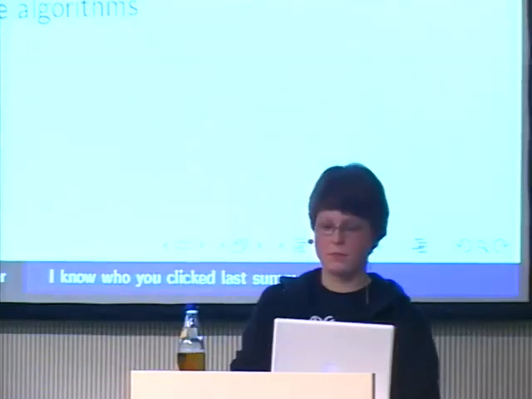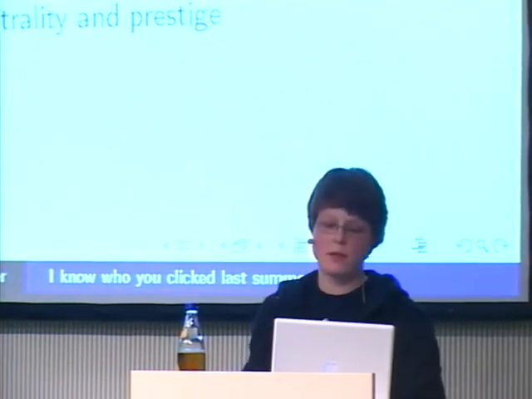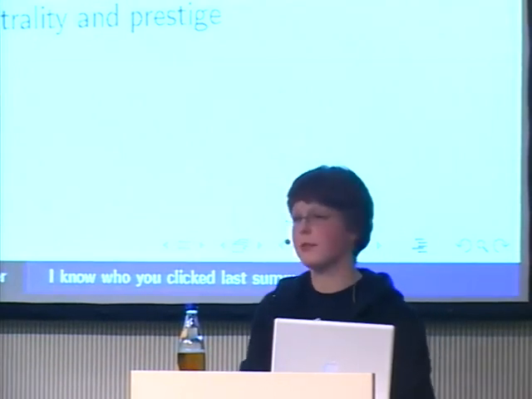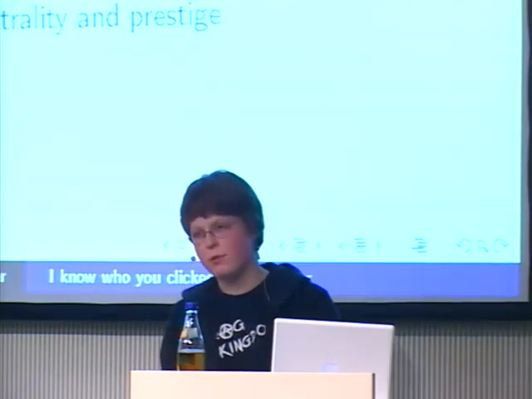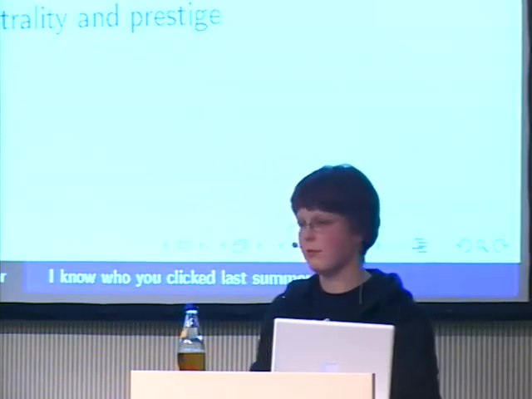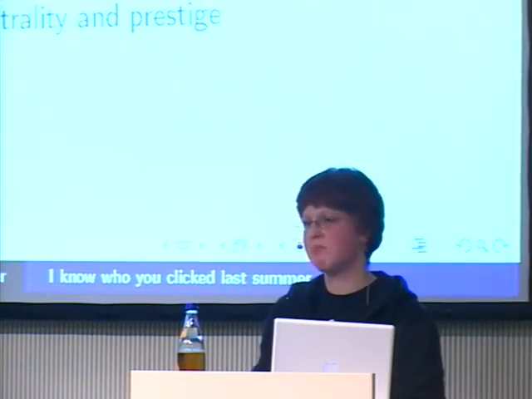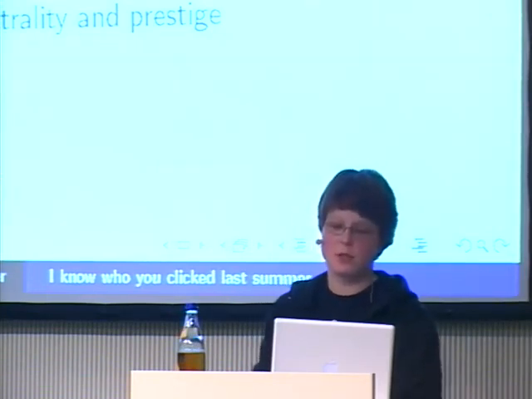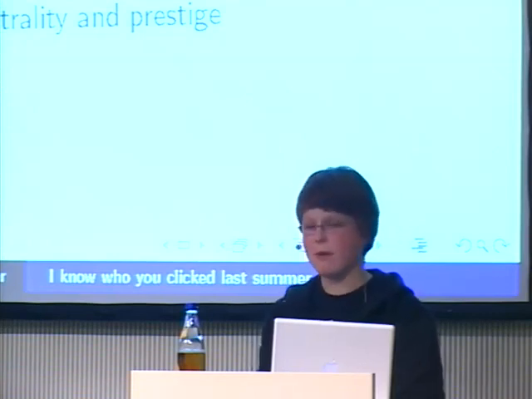One very basic algorithm is of course Dijkstra's algorithm, which computes shortest paths in a network. You need this in very many measures. Like I told you, in centrality or prestige, shortest paths are always a very important thing in social network analysis. It's a classical algorithm in graph theory.